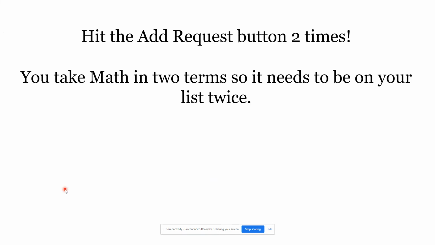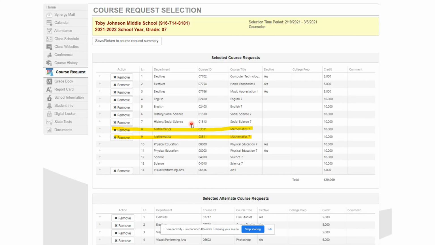And just like with the other core classes, you'll press that button 2 times because you will take math in 2 terms next year. So now you have your math class in there twice, along with science, PE, social science, and English, your 4 electives up top, and your 4 alternate electives down below.